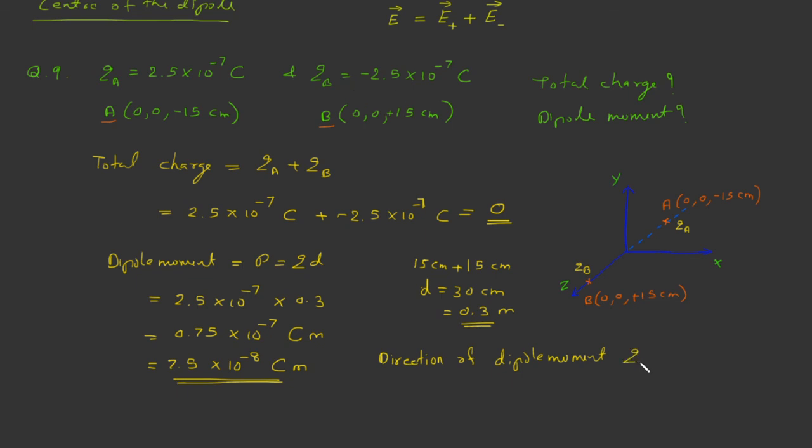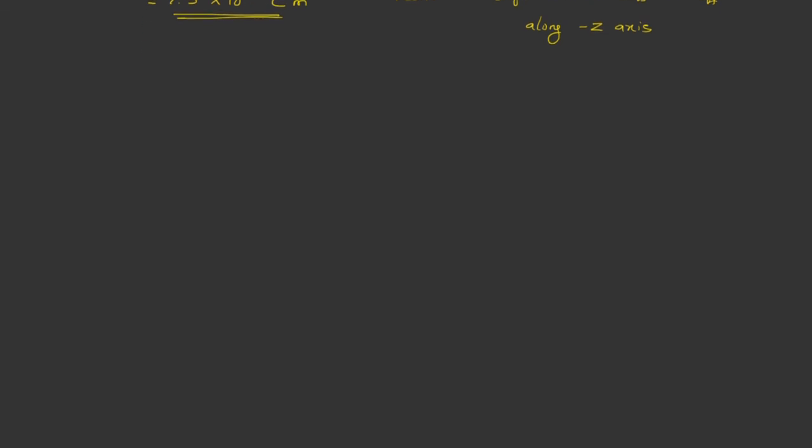That is from QB to QA, that is along negative z-axis. So we got the magnitude of dipole moment is 7.5 into 10 raised to minus 8 Coulomb meter, and direction along negative z-axis. Now we are going to study physical significance of electric dipole.